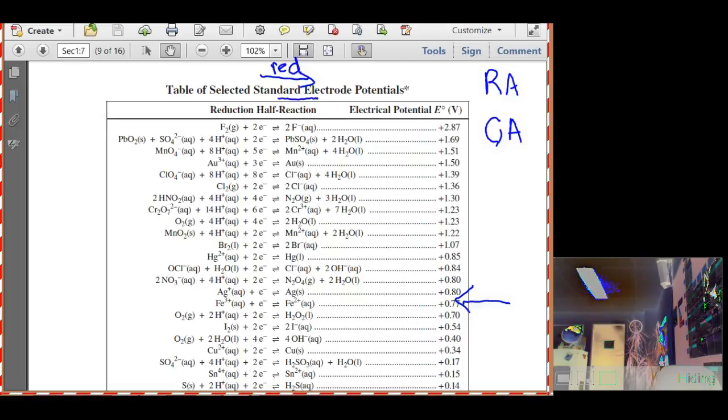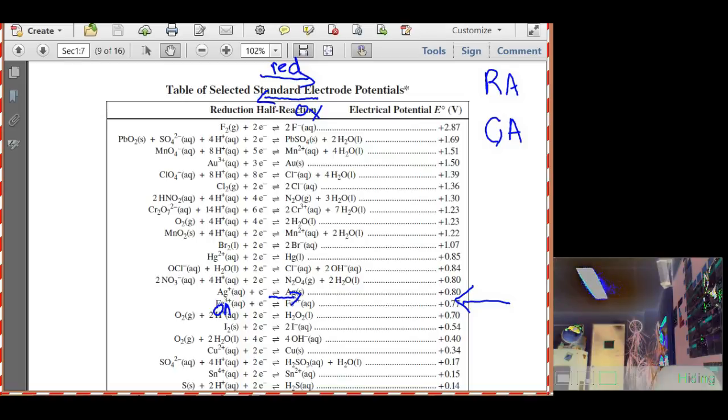If I read an equation from right to left, it is an oxidation reaction. In this case, if I read the equation from left to right, is iron 3 positive an oxidizing agent? Yes. Or is it a reducing agent? No. It is an OA.